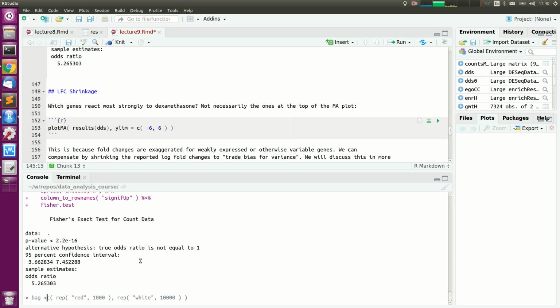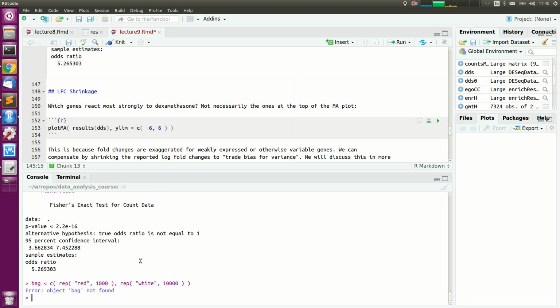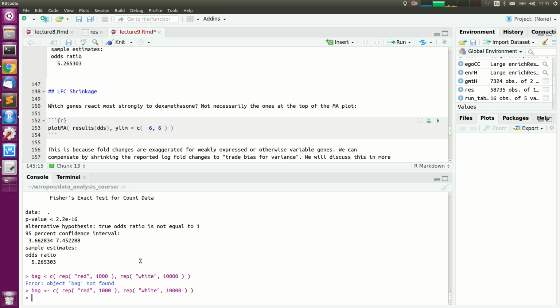This is my bag. And now you don't know which percentage of the bag is red. But what I do is I allow each of you to take 10 balls from this bag without looking and look at them.